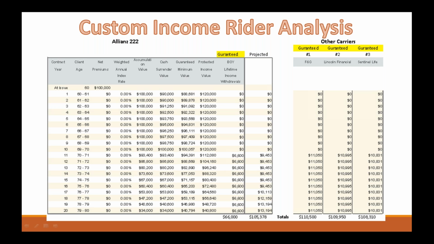We showed them over here in the other carrier section that their guaranteed minimum income would be $11,050, whereas the Allianz guaranteed was going to be $6,600. And the client was blown away and they wrote the F&G application on the spot, first meeting. After going back with this tool, it blew the other competition out of the water. And this is another thing that we just created for ourselves.